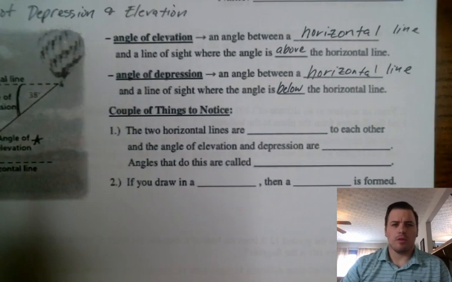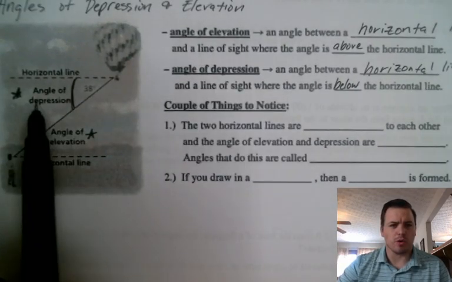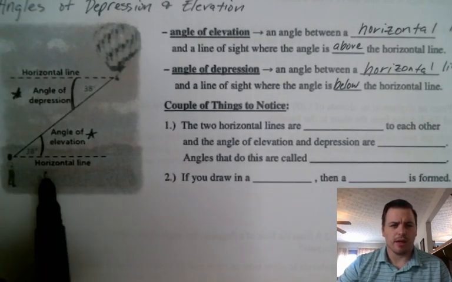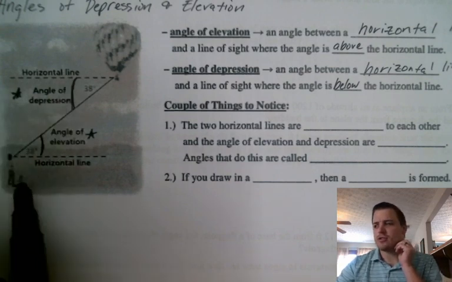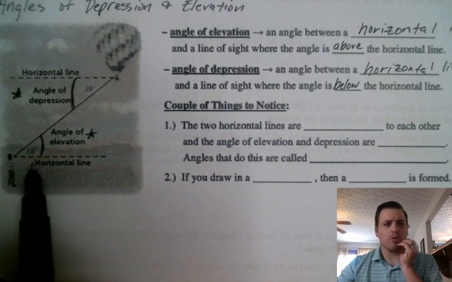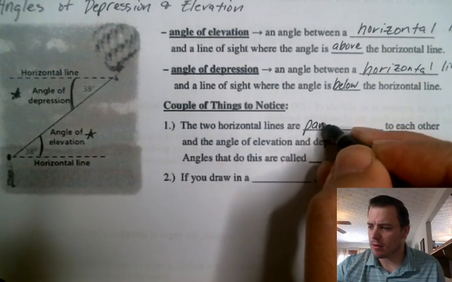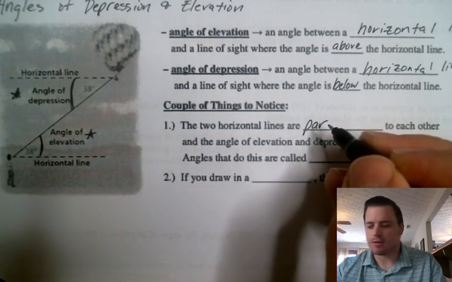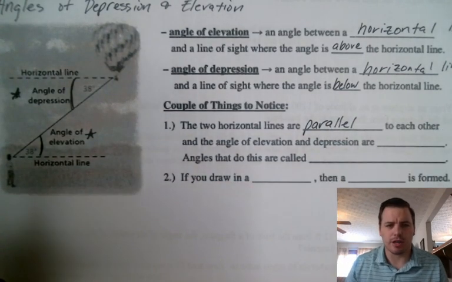So the two horizontal lines in any given situation, and these could almost be like imaginary lines, would be parallel to each other.